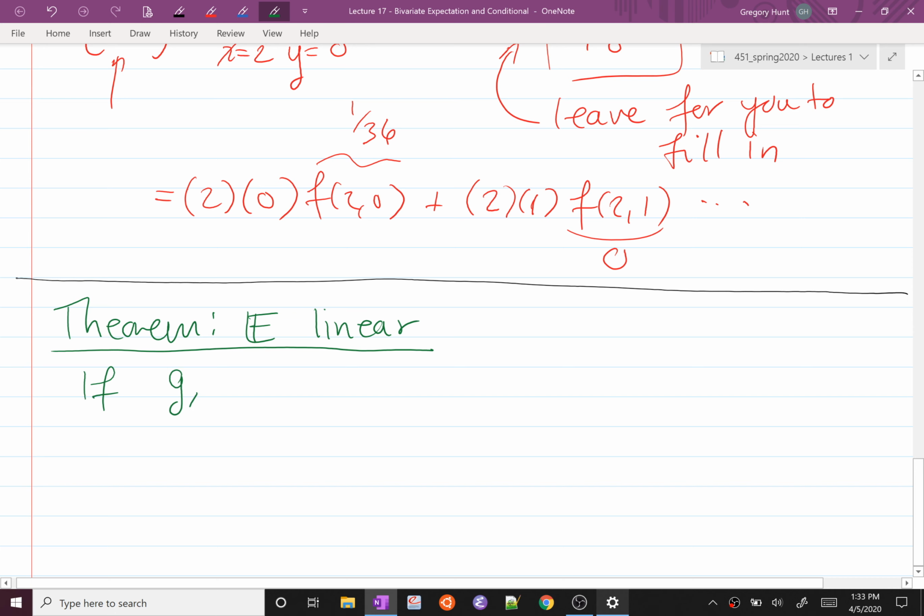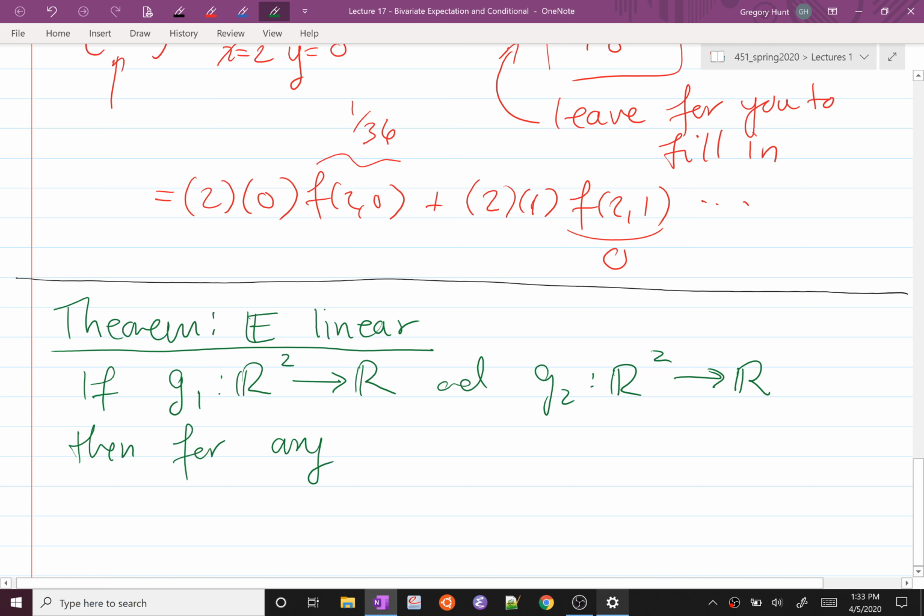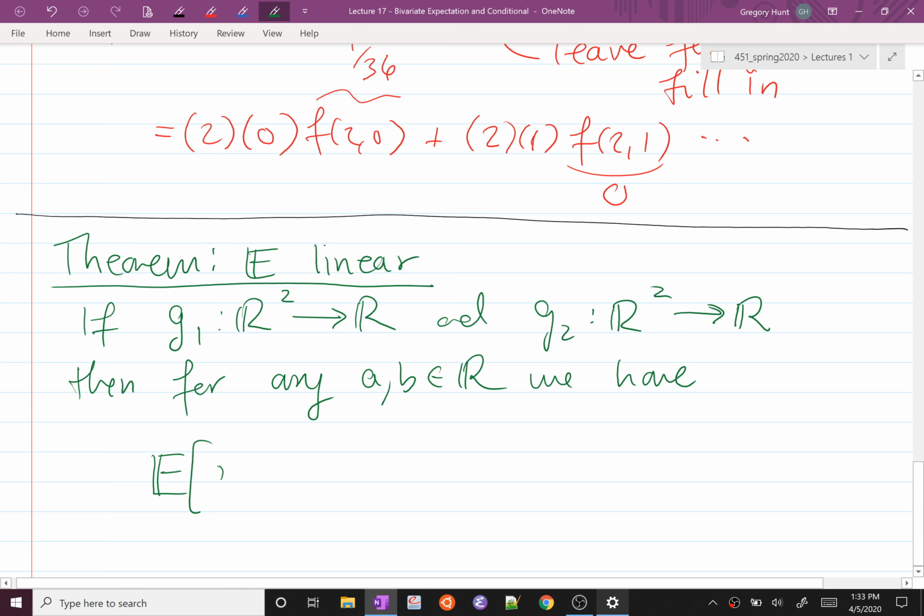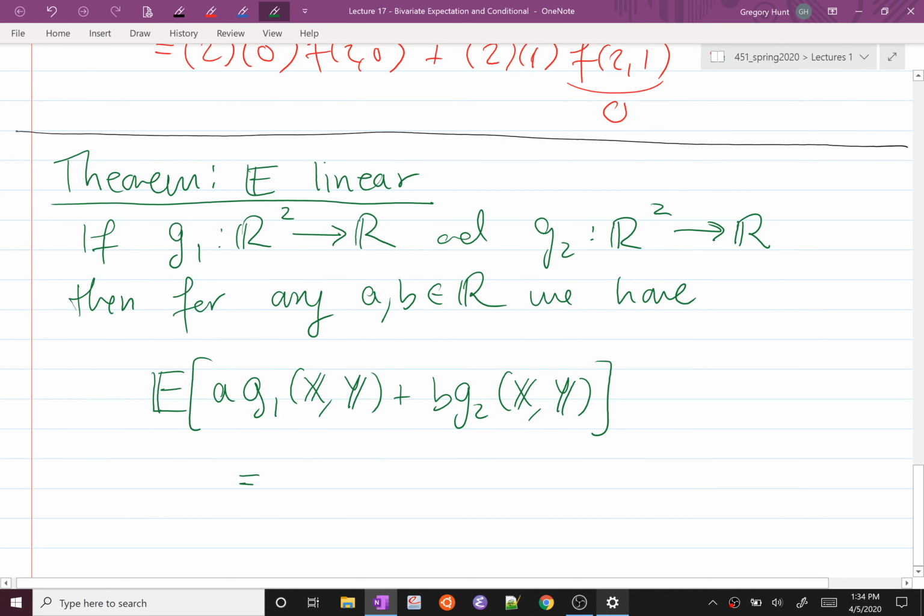So if we have two functions, let's say g1, which is a two-variable function, R^2 to R, and g2 is also a two-variable function, R^2 to R, then for any two constants a, b in R, we have the following fact: the expected value of a g1 of x comma y plus b g2 of x comma y, we can just distribute this expected value over the addition and over the multiplication by the constants.